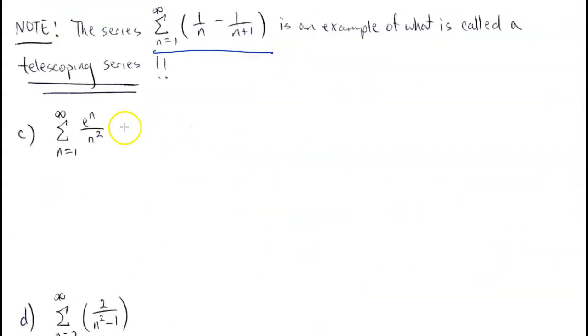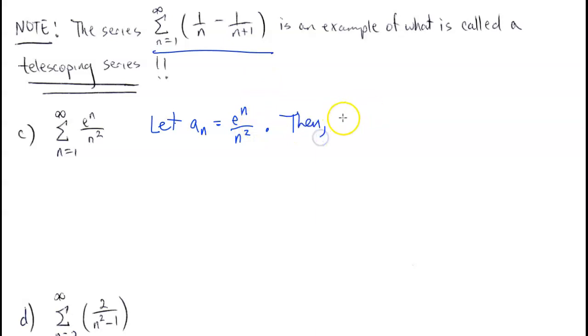So the main thing here is that we need to note, or we should say let, probably, that's a better way to say that. We're going to let a sub n equal e raised to the n over n squared.